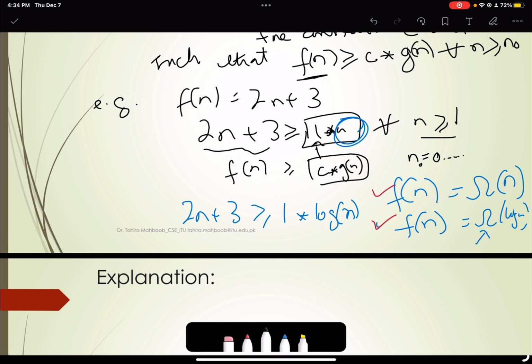So what about if we test for n squared? So can this hold, will this value be greater than n squared, for n greater than or equal to 1?